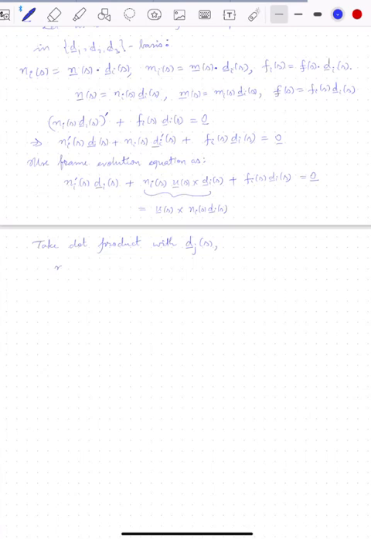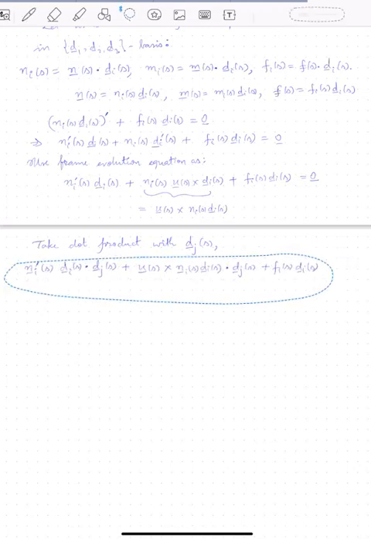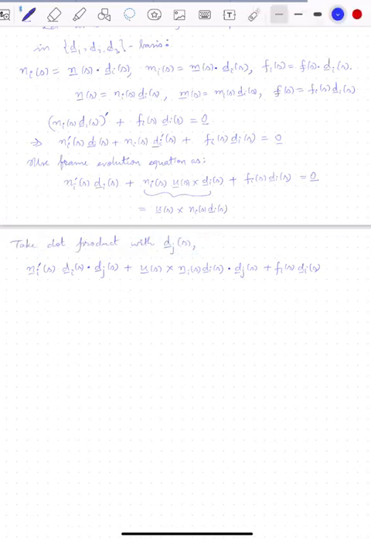Then what we have is Ni prime of S Di of S dot Dj of S plus u of S cross Ni of S Di of S dot Dj of S plus Fi of S Di of S dot Dj of S is equal to 0.